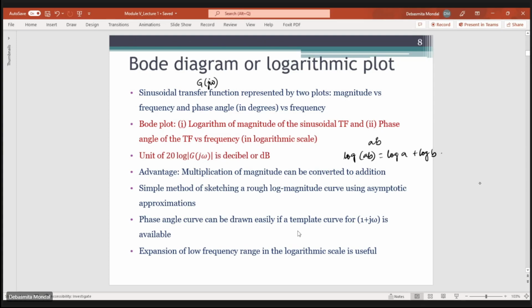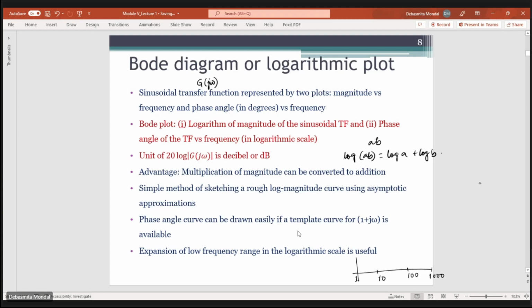Okay, and the other advantage of using Bode plot is that since we are using a logarithmic scale, the lower frequency range is usually expanded. I don't know whether you have seen a semi-log graph paper. In a semi-log graph paper, let's say this is 1, 10, 100, then 1000.